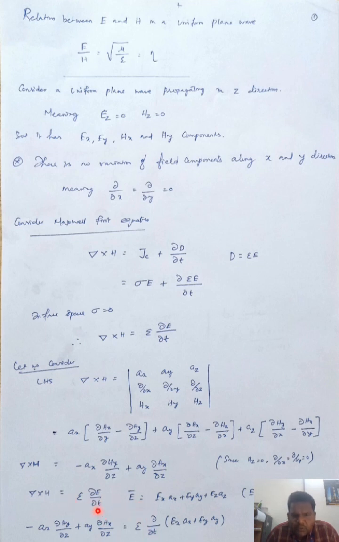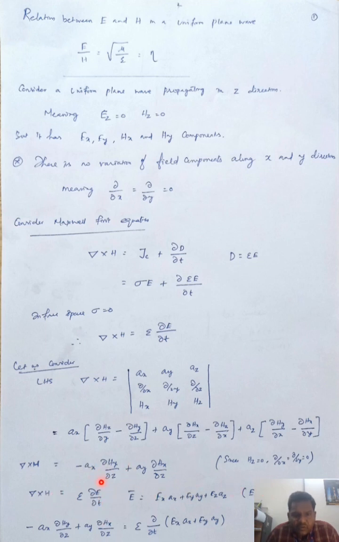I am going to consider the value of the E component. E is nothing but Ex Ax plus Ey Ay plus Ez Az. As I said before, a few parameters are set to 0, so Ez is equal to 0 here. By substituting Ez equal to 0, we get the right hand side values.